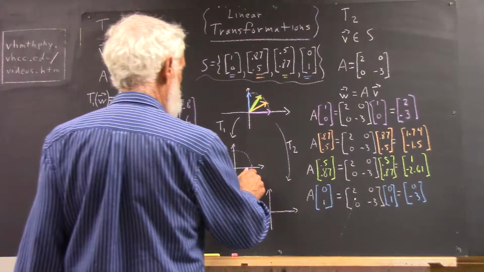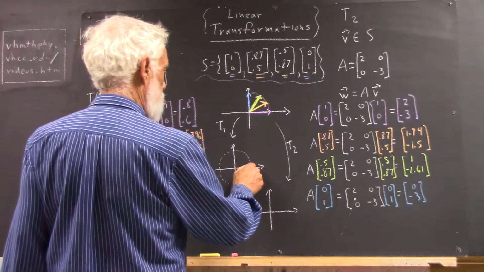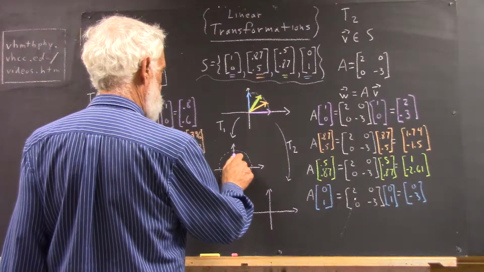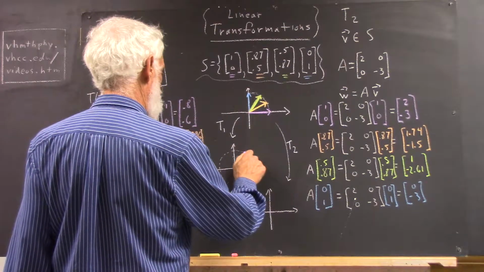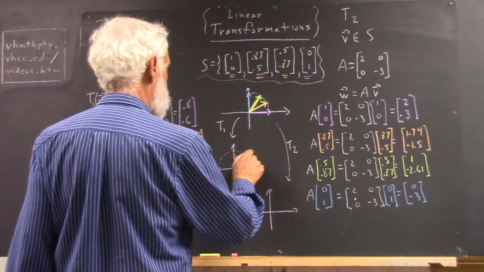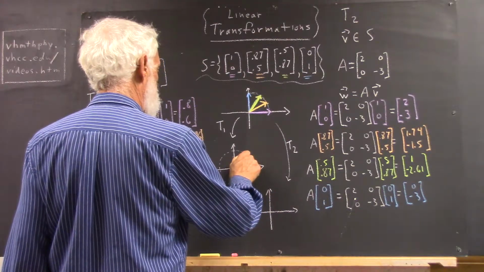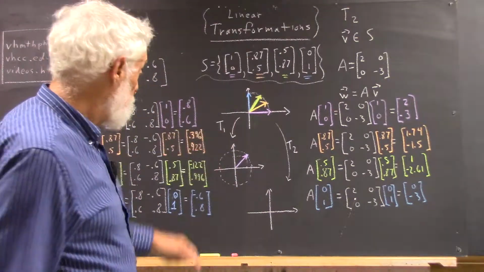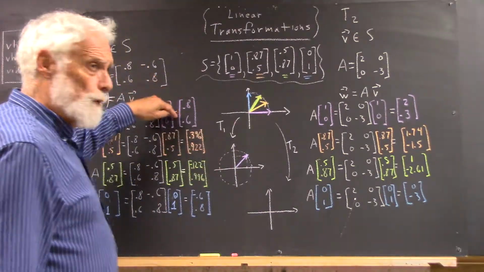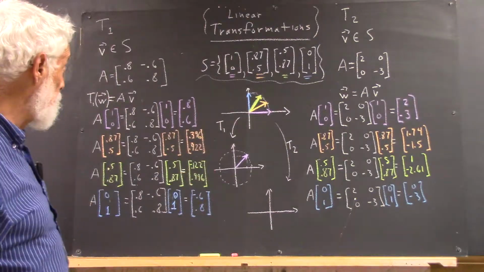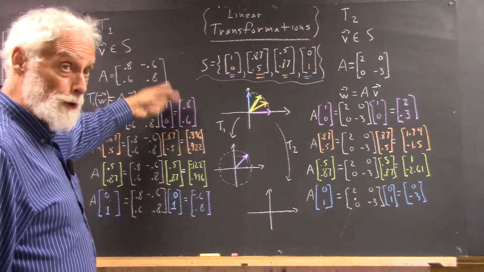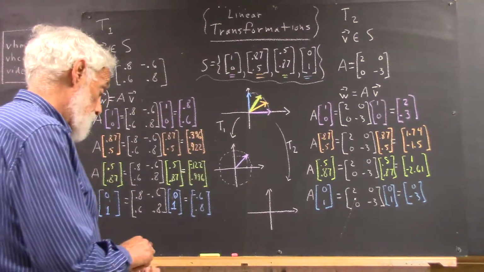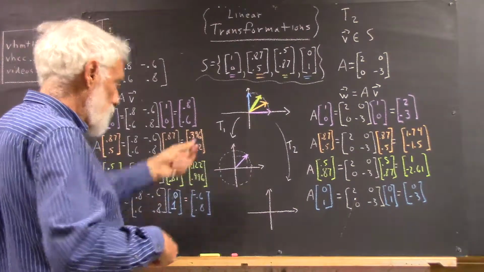Well, let's see, 0.8 is here on the x-axis, 0.6 would be about here. If I do 0.8, 0.6, it looks like that vector's on this circle because it looks like, well, 0.8, 0.6 does have a magnitude of 1, doesn't it? And you can use the Pythagorean theorem and verify that. Okay, well, that's, again, just an aside.